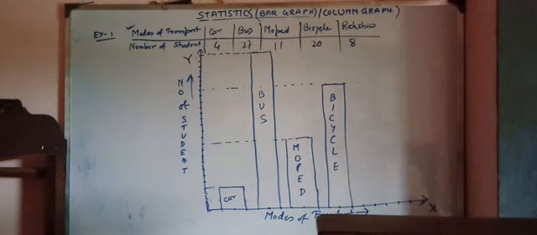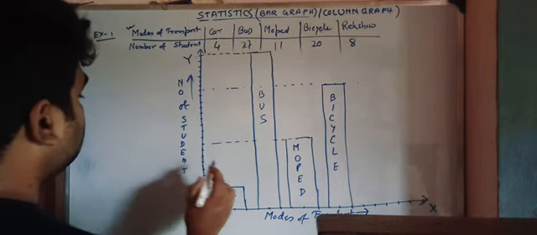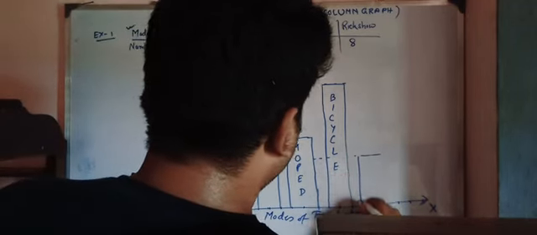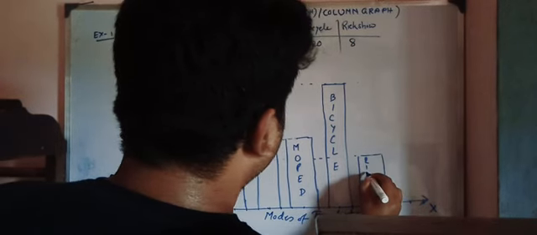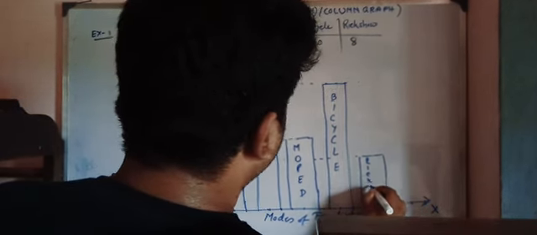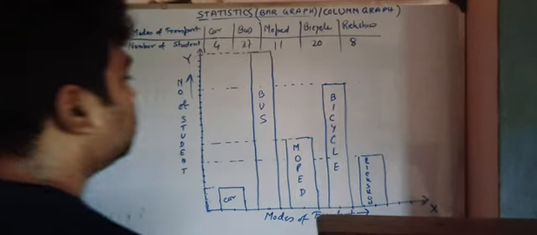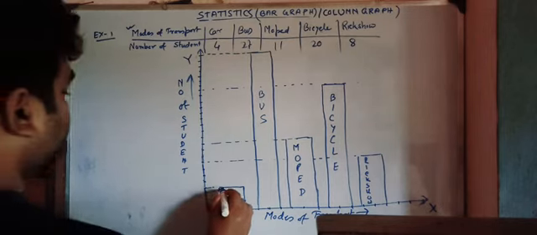Bicycle. Next, rickshaw. Rickshaw is 8. 7, 8. So this is my rickshaw. So that is my required bar graph or column graph, whatever you say.